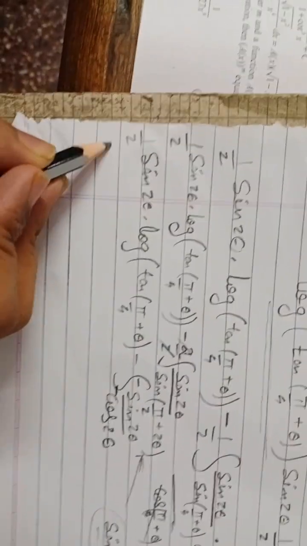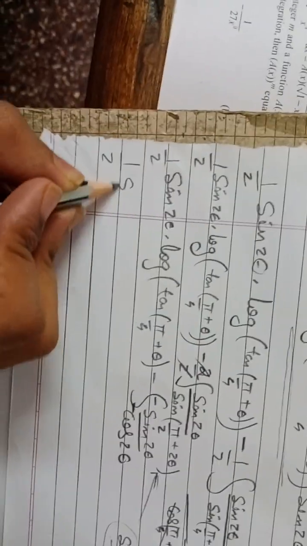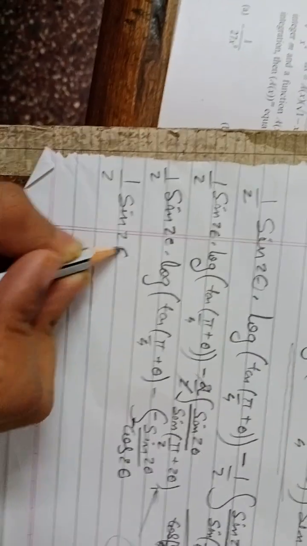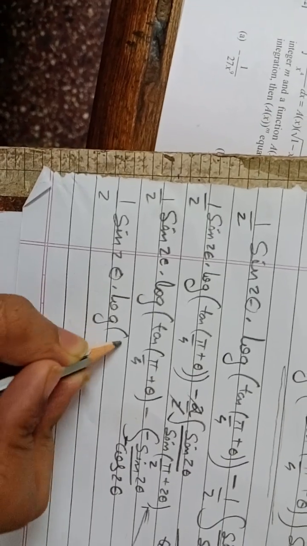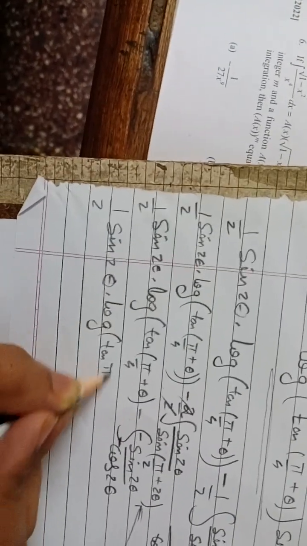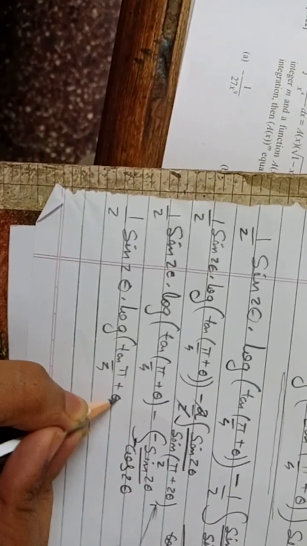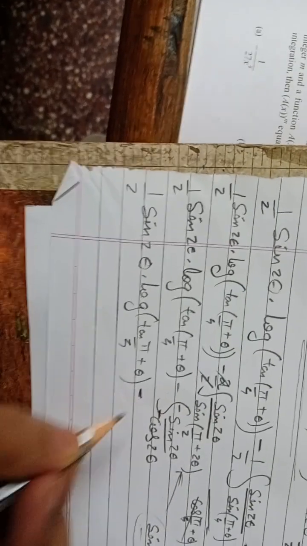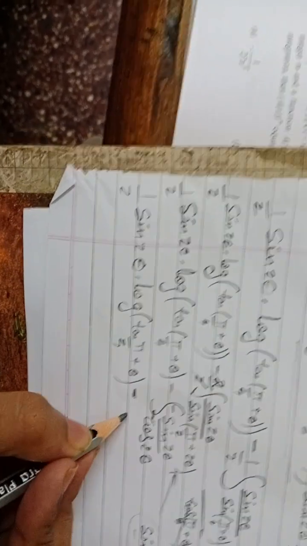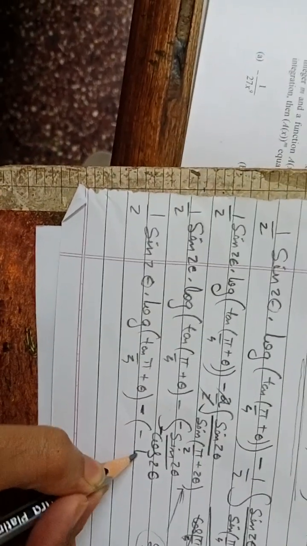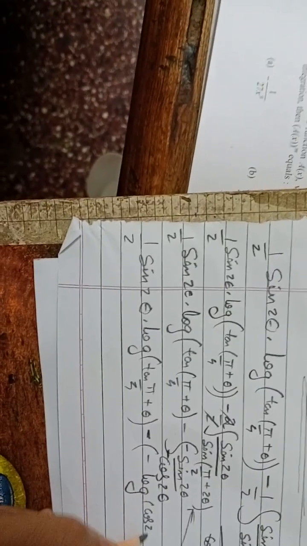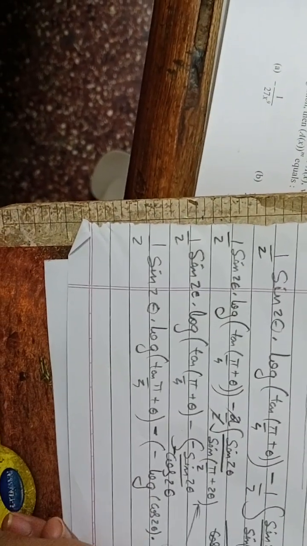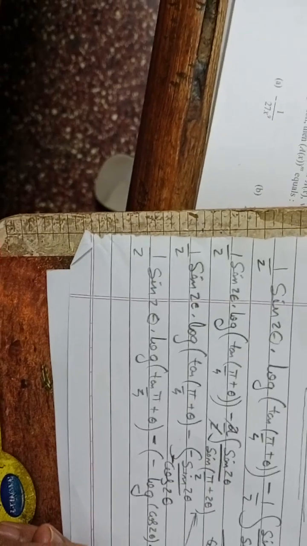We take this 1 by 2 sine 2 theta dot log of tan of pi by 4 plus theta, minus, we now take this as minus log of cos 2 theta divided by 1 by 2.